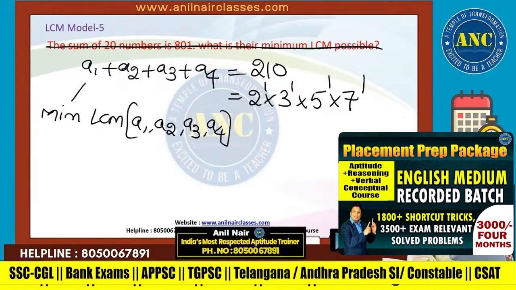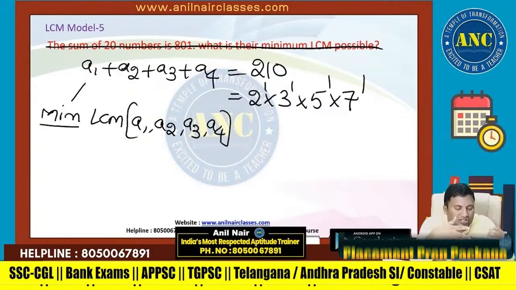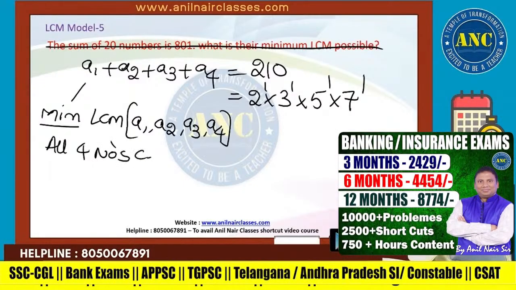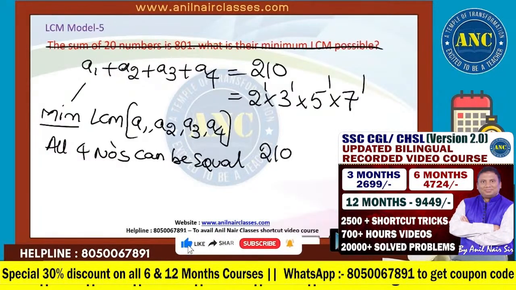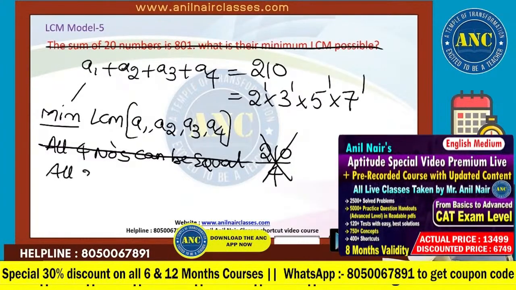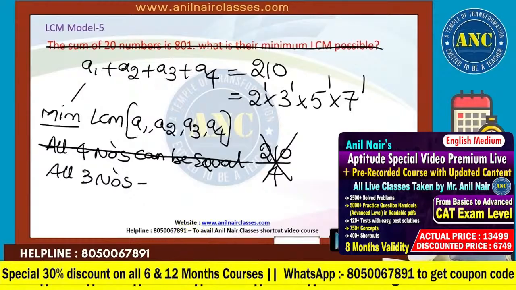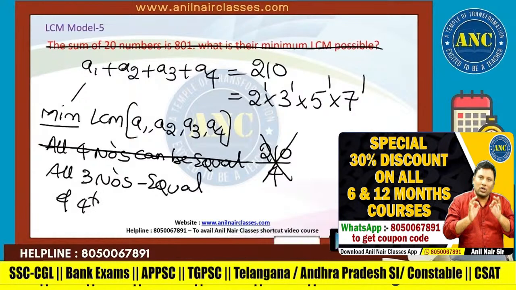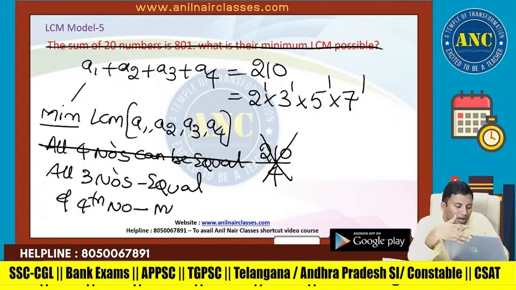To get the minimum LCM, there are two cases. All the four numbers can be equal. But 210 is not divisible by 4. So the first case, all four numbers equal, is not possible. Second case, three numbers are equal, and the fourth number should be a multiple of the other number.